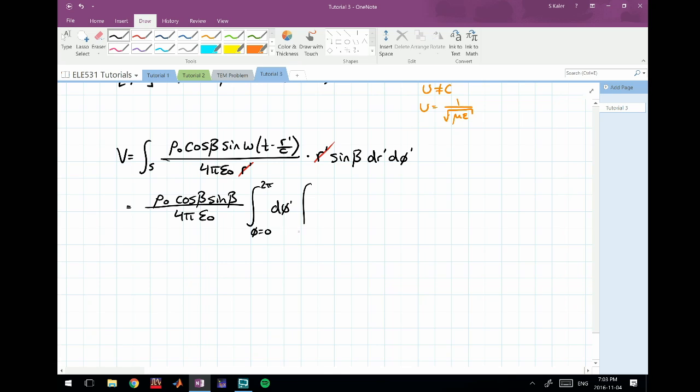And then what else do we have? r prime, right? From r prime equals a to r prime equals b, of sine omega t minus r prime over c, dr prime. I guess these should be primes as well.